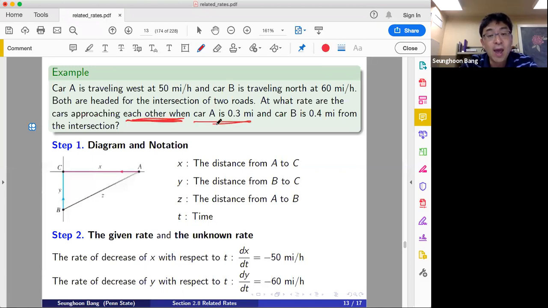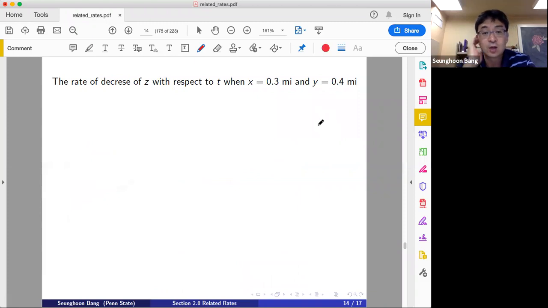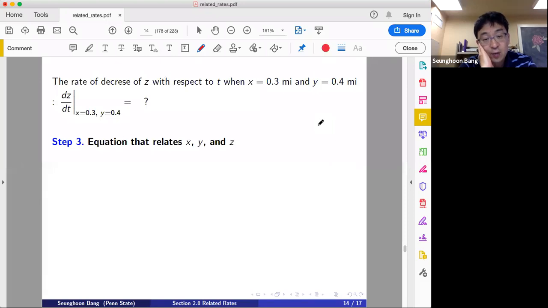When car A is 0.3 mile and car B is 0.4 mile, we have the rate of decrease of z with respect to time t when x equals 0.3 mile and y equals 0.4 mile. So dz over dt at x equals 0.3, y equals 0.4 is the unknown.